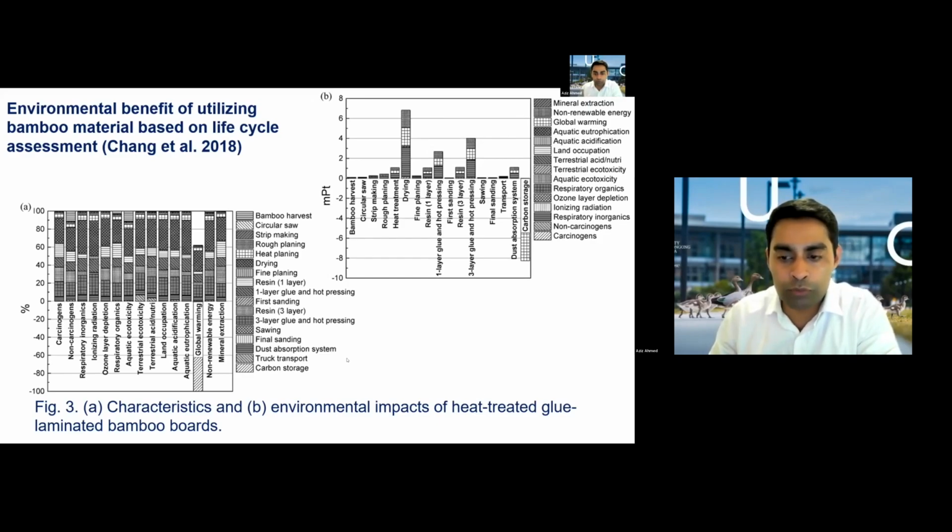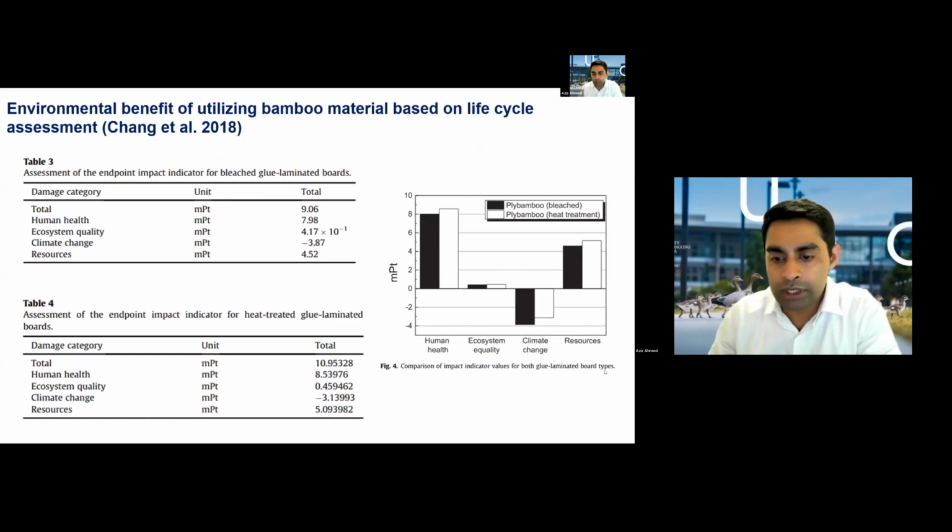So I'll show in a moment that they found the impact of ply bamboo is more for heat treatment, so less for bleached than heat treatment. So if the treatment is made by bleach or similar chemicals, which for bamboo, I heard, is more environment friendly, it would probably be even better.